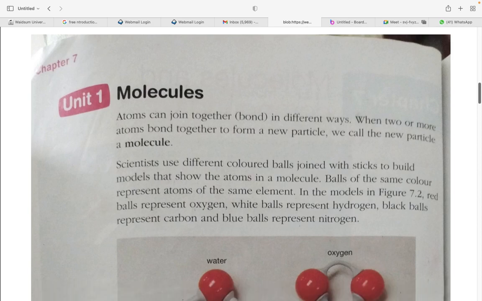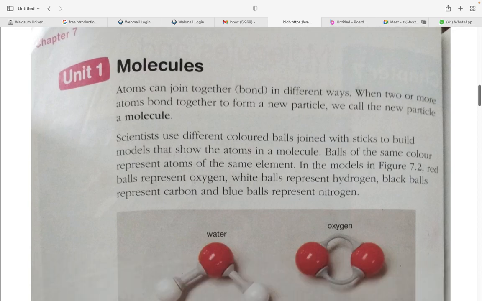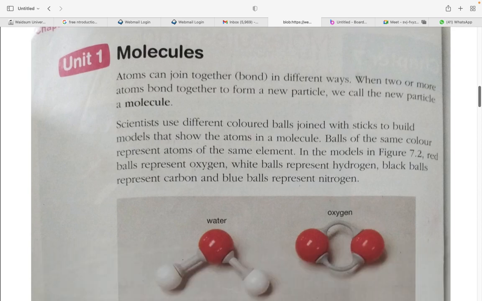So we start with the molecule. What's a molecule? You know that atoms can join together, right? Joining together means bonding. When we say joining together, we're saying that they bonded together.